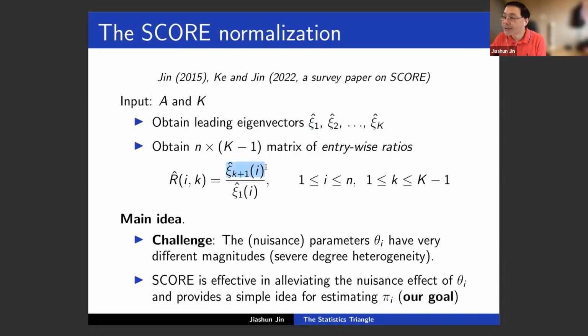Then you divide the second eigenvector by the first eigenvector entry by entry, and divide the third eigenvector by the first eigenvector entry by entry. Eventually you have an n by K minus 1 matrix of entry-wise ratios. It has been shown that this is a very effective way to remove the degree heterogeneity and provides a convenient way to estimate pi i, and this is our goal. We are going to estimate pi 1, pi 2, up to pi n, where pi i is the research interest vector for author i.